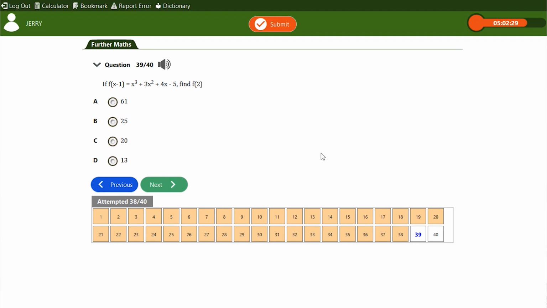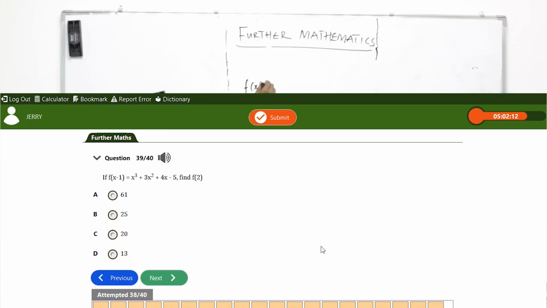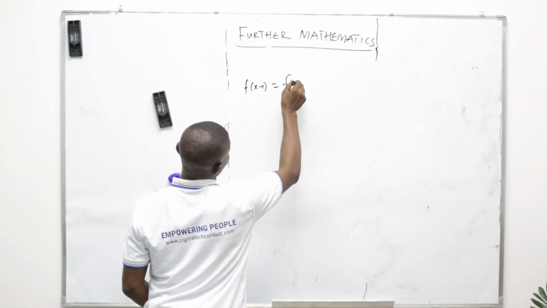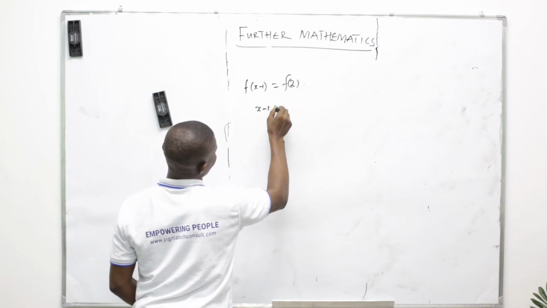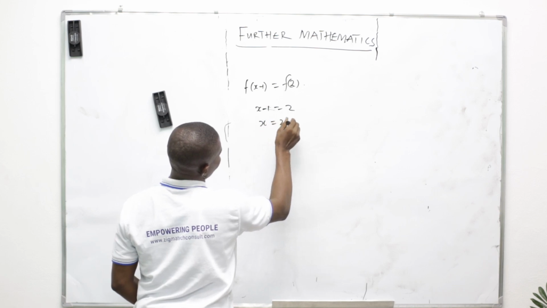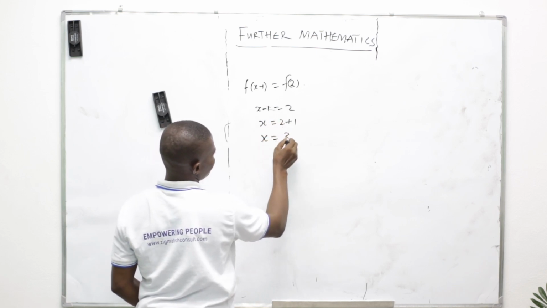If f of x minus 1 equals x cubed plus 3x squared plus 4x minus 5, find f of 2. F of 2. Remember to do this. F of x minus 1, recall, is equal to who? F of this. That is s minus 1 equals 2, so that s will be what? 2 plus 1. S equals 3.